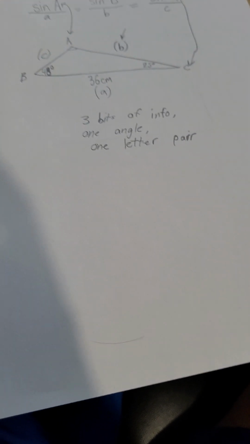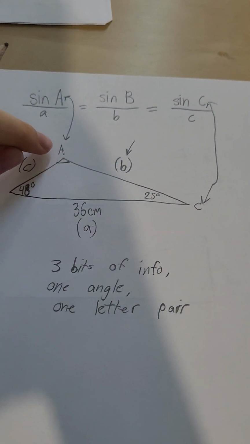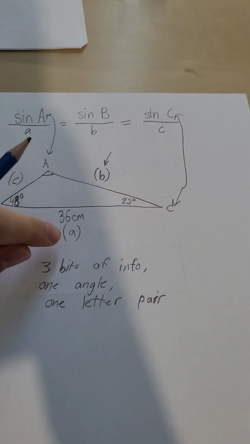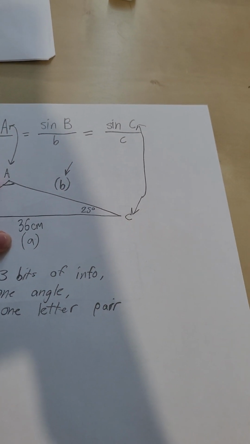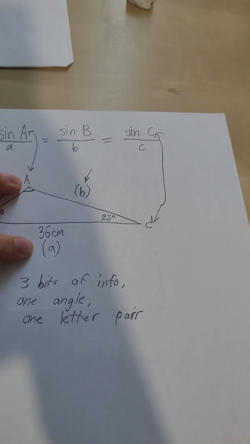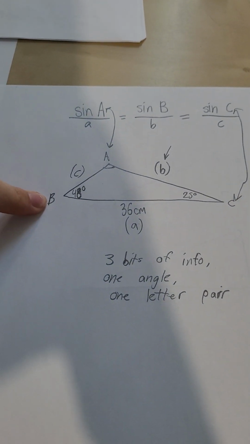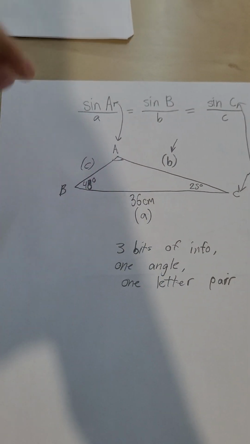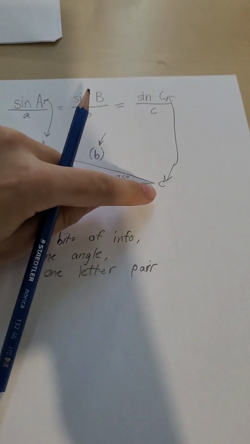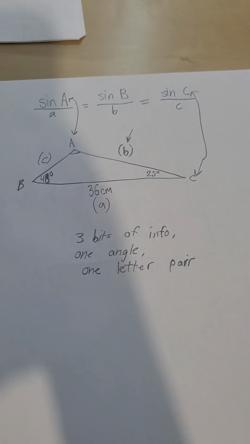Now, what does it mean, 1 letter pair? Well, you see, you have this big A and this little a. These two are a pair. This A and this little a. So that is a letter pair. This B and this B are also a pair. This C and this C are also a pair.